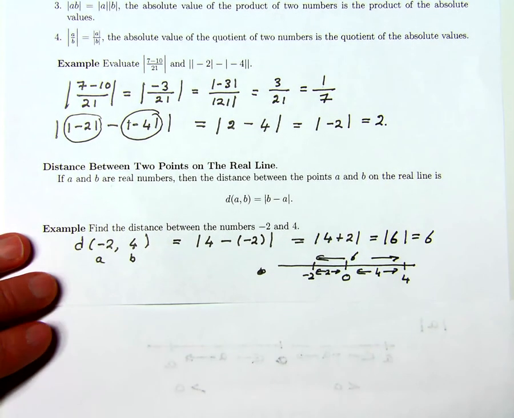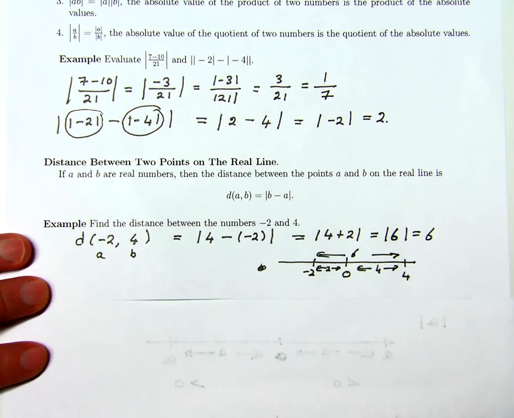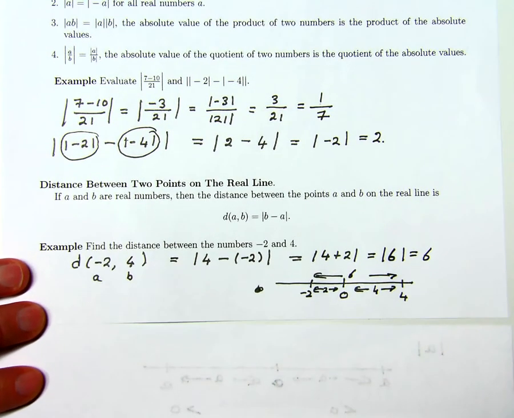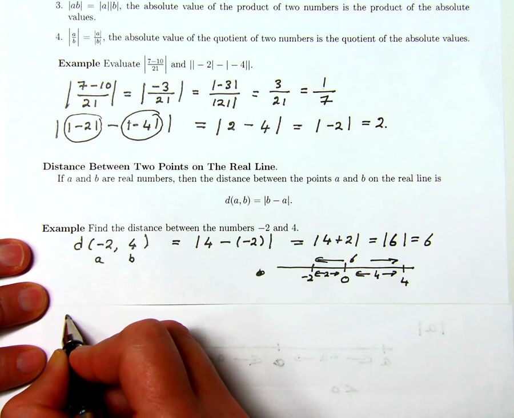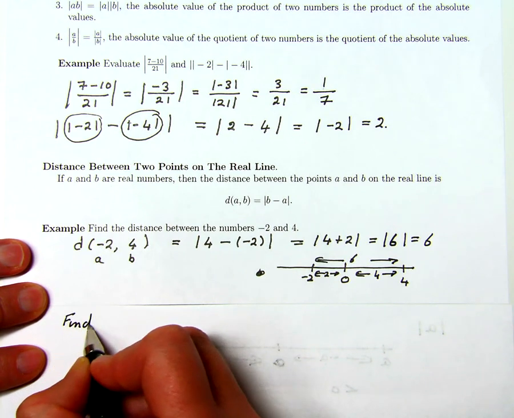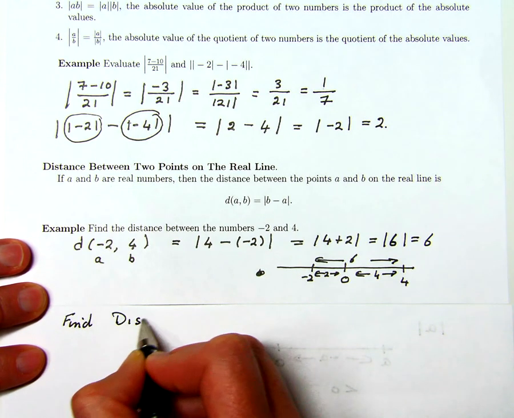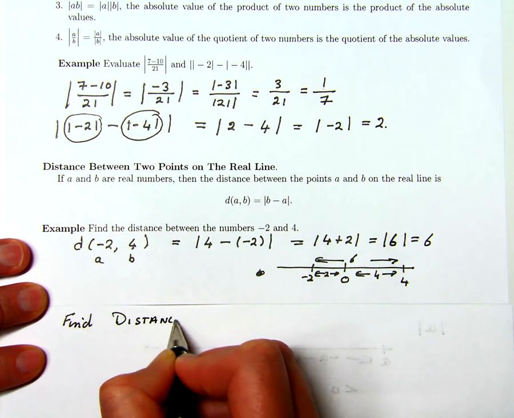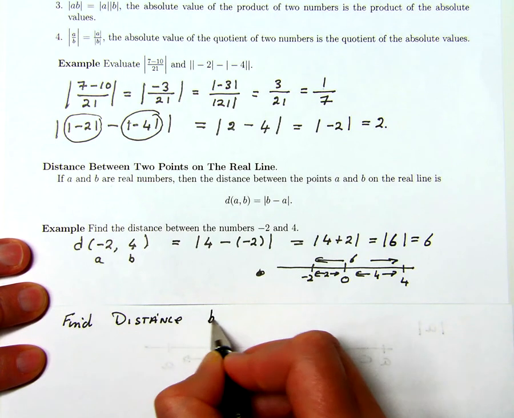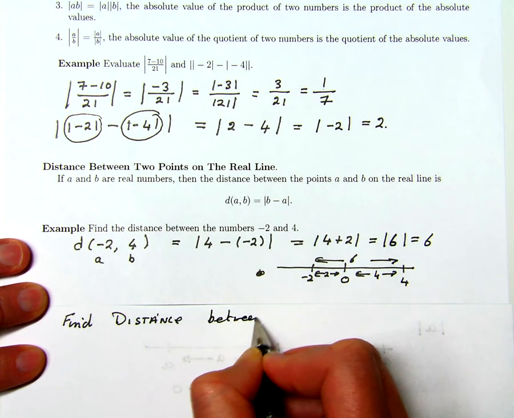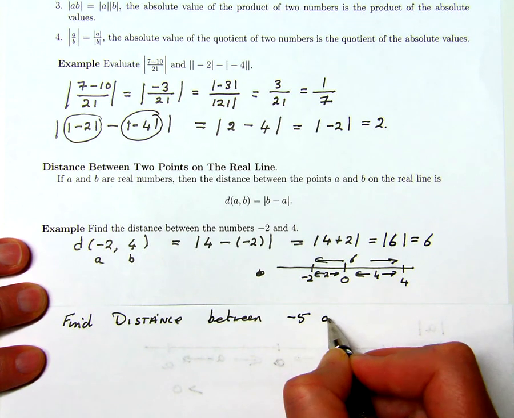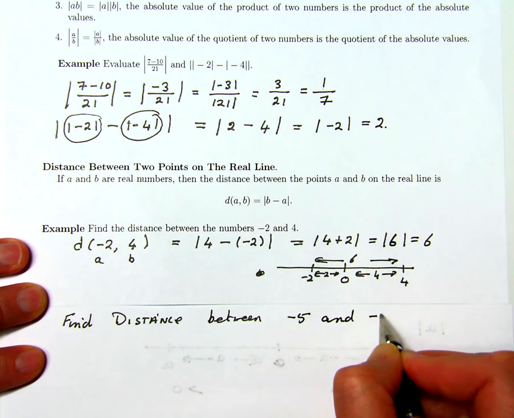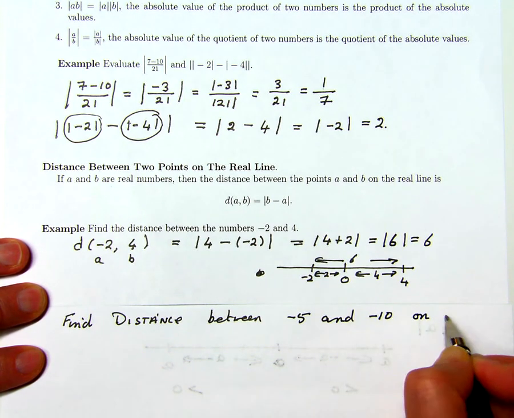And if B is less than A, let me do one more example. If B were less than A, suppose I want to find the distance between, say, the number minus 5 and minus 10 on the number line.